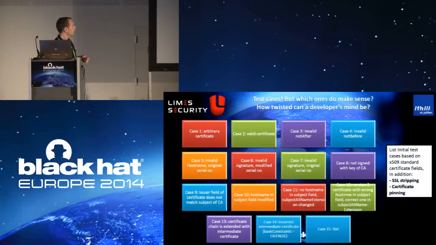So besides the regular test cases that you derive just from the X509 standard certificate fields, we also found it worthwhile to look not only for certificate pinning, but also for SSL stripping. SSL stripping, to make a long story short, is a way of preventing encryption from taking place.